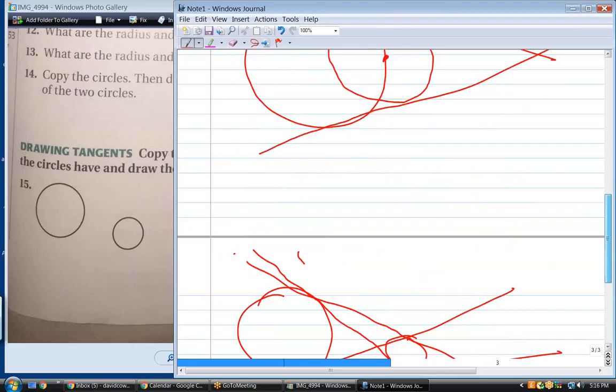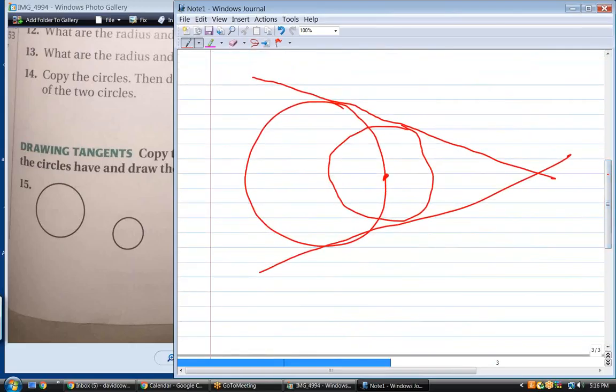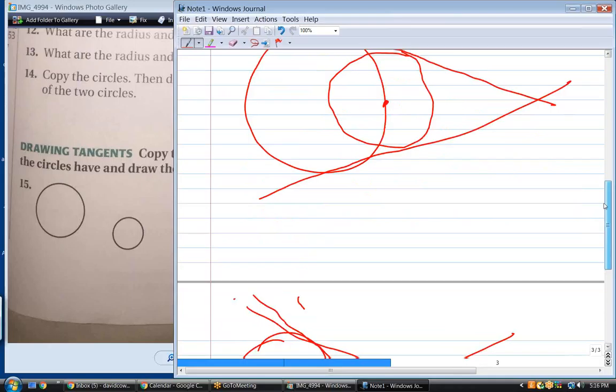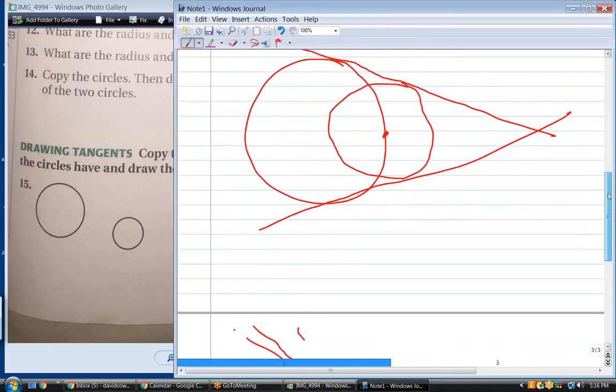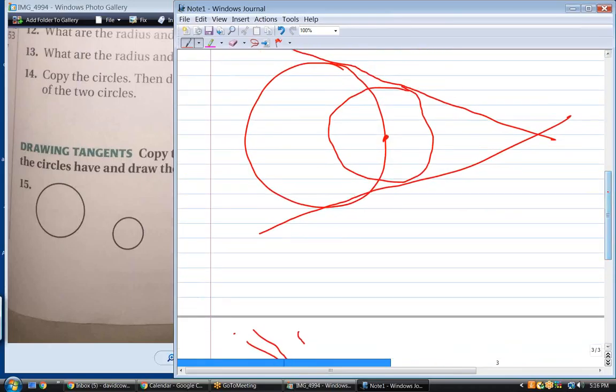Let me go back to the previous example and make sure I didn't miss any here. Yeah, notice that this one only has exterior common tangents. There's no interior common tangents. So it can't go through the circle? Correct. In other words, a common tangent has to have one point only touching the circumference.